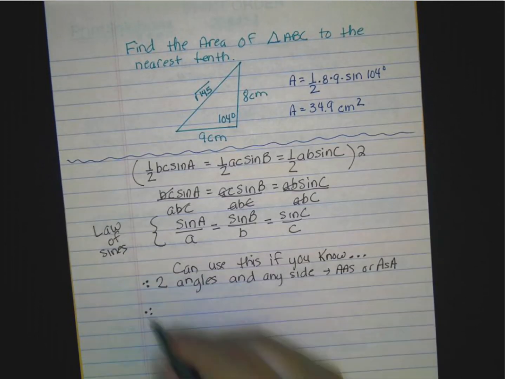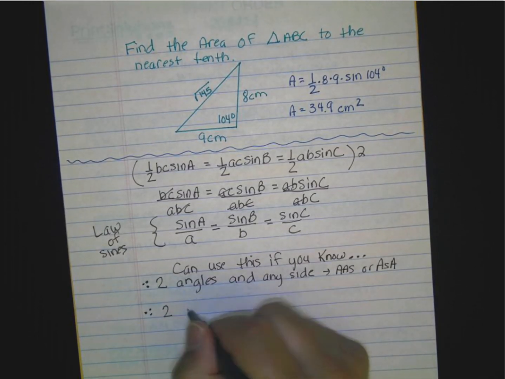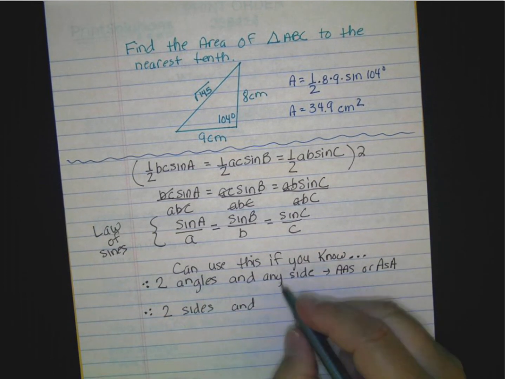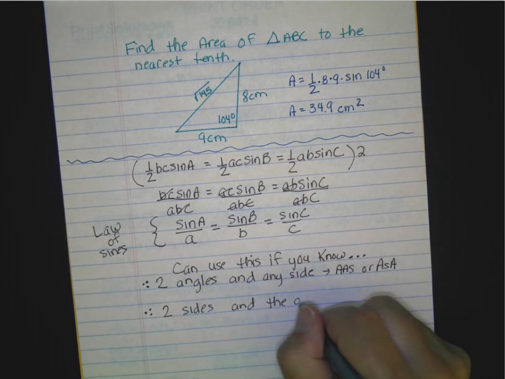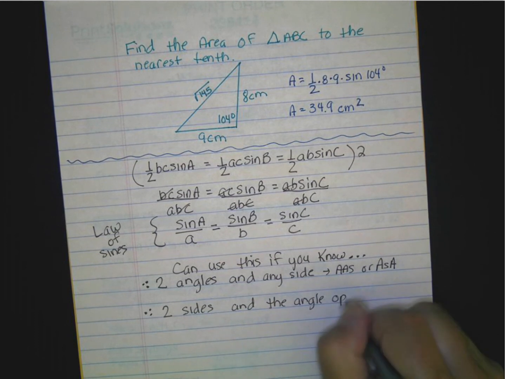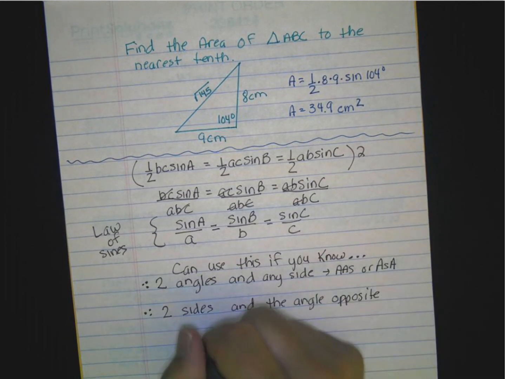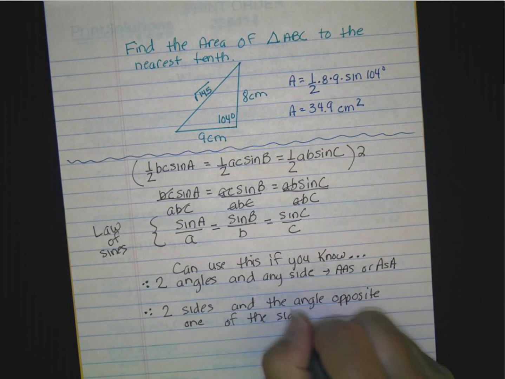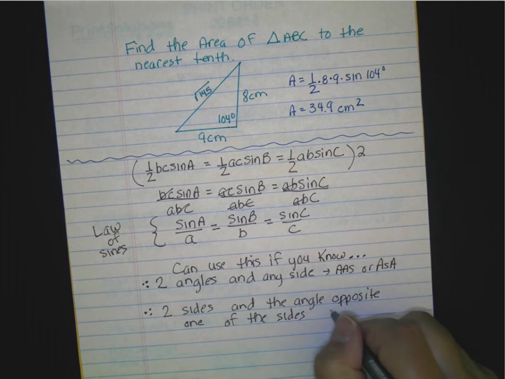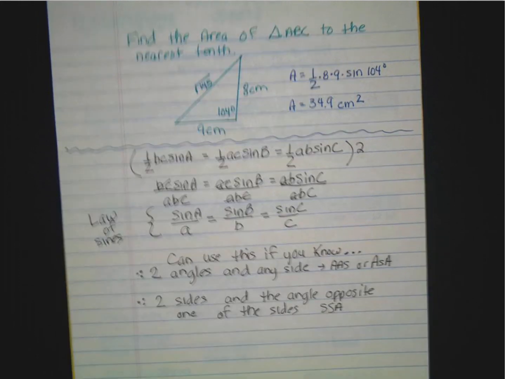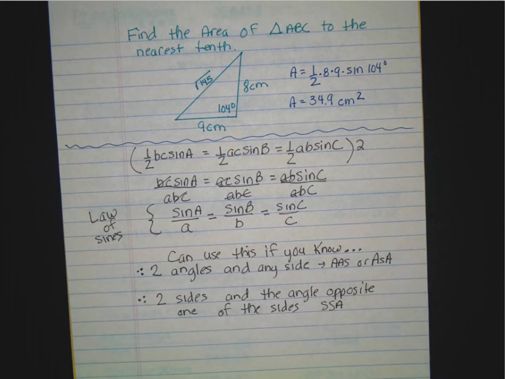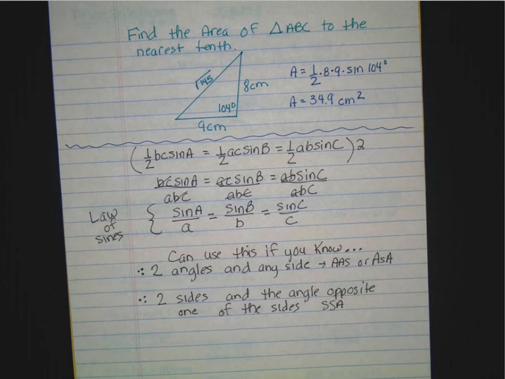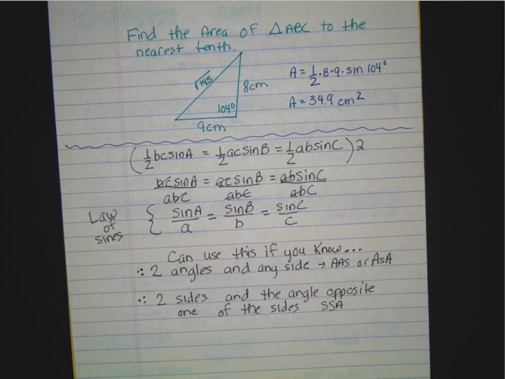Or you can use it if you know two sides and the angle opposite one of the sides. And we're going to do examples, so no worries. That's usually written as SSA. It's probably better to write it SSA instead of the reverse order. Okay? All right, so let's look at a few examples.